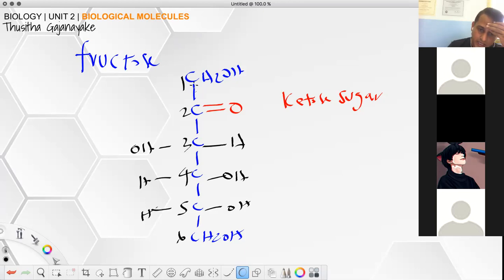See, it has 6 carbons, but the orientation of the OH groups and carbonyl group are different. Because of that, they become a different structure. And the ring structure is like this.